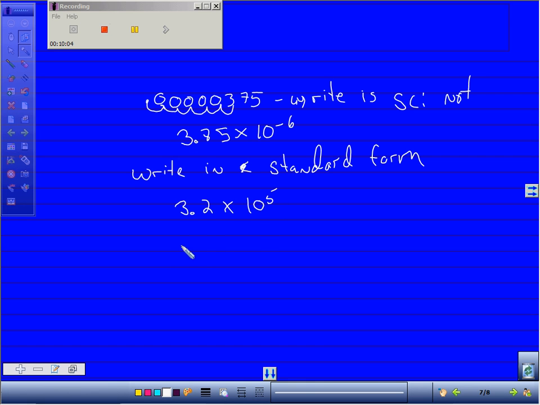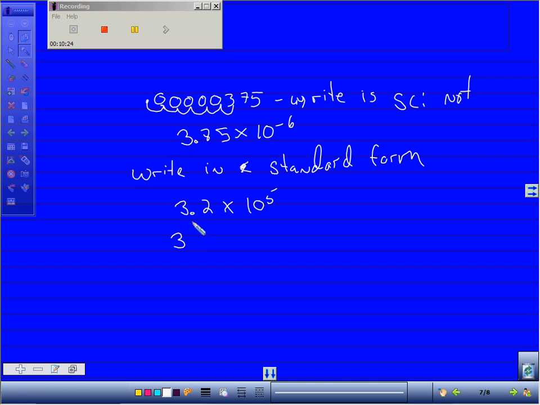Michael, can you tell me how to do that? 3.2 times 10 to the fifth? Well, would you do 10 to the fifth first? No. Just move the decimal place. How many places should I move that decimal place? 5. Which way?